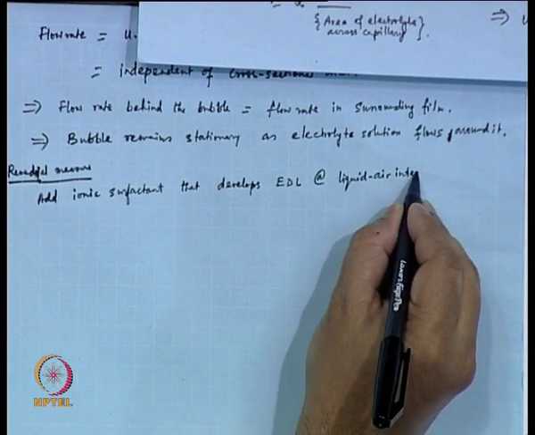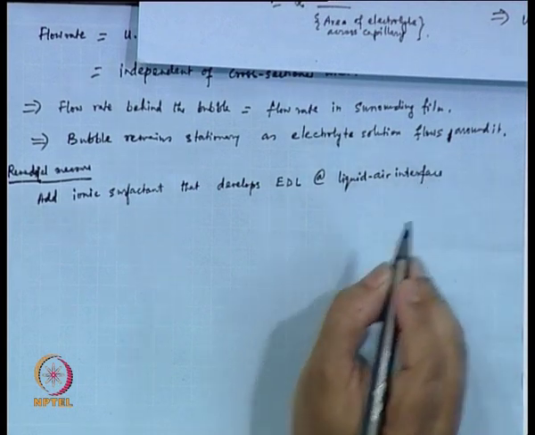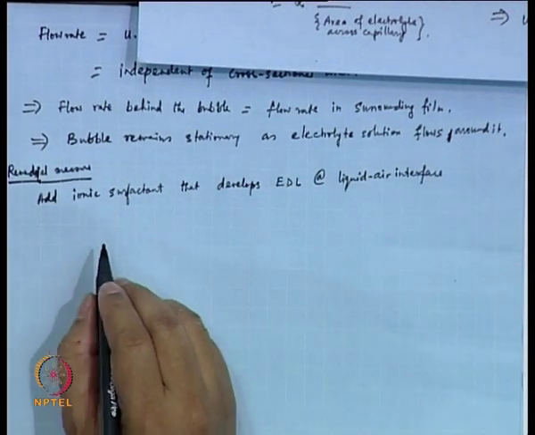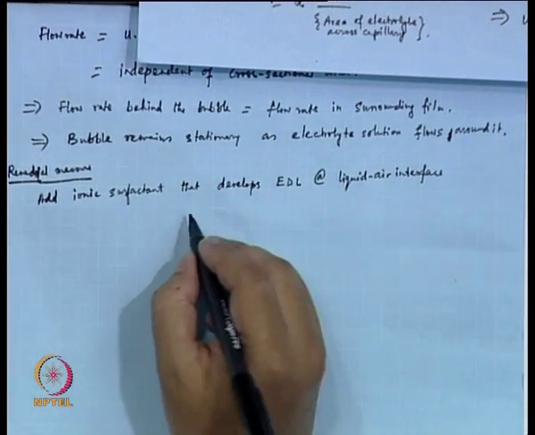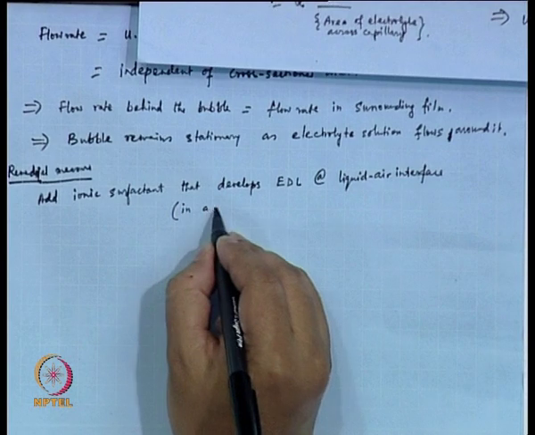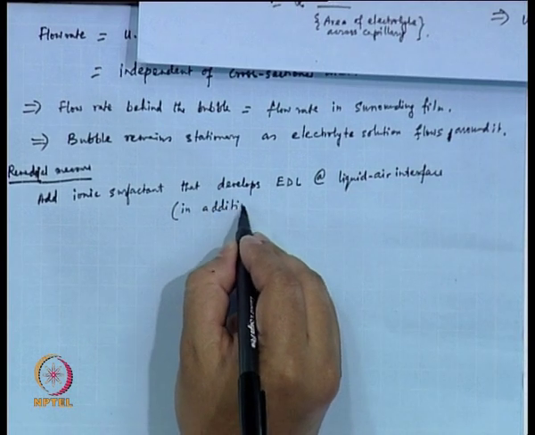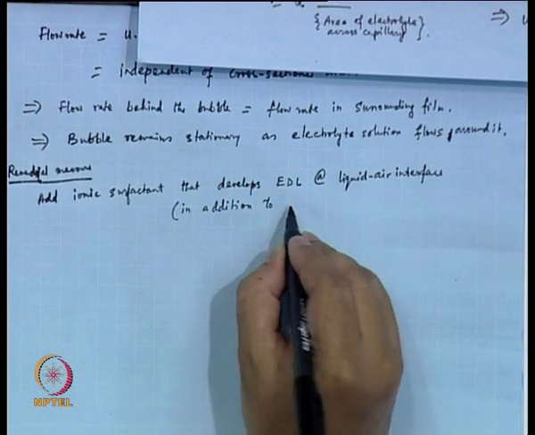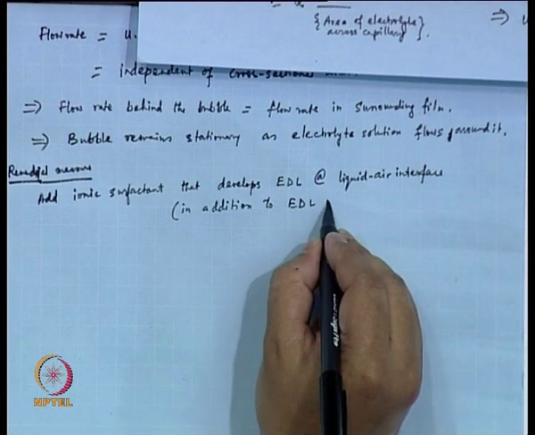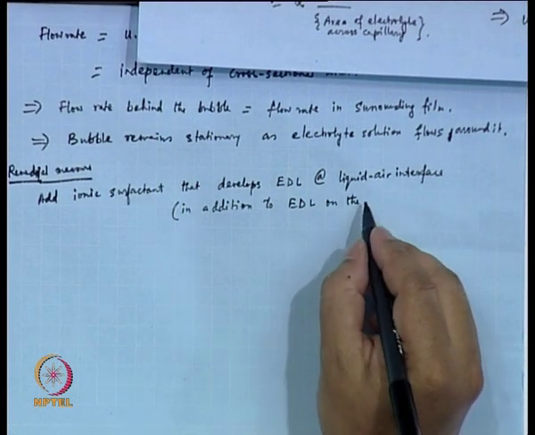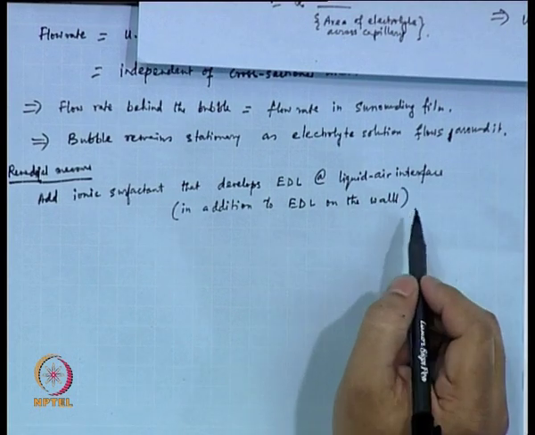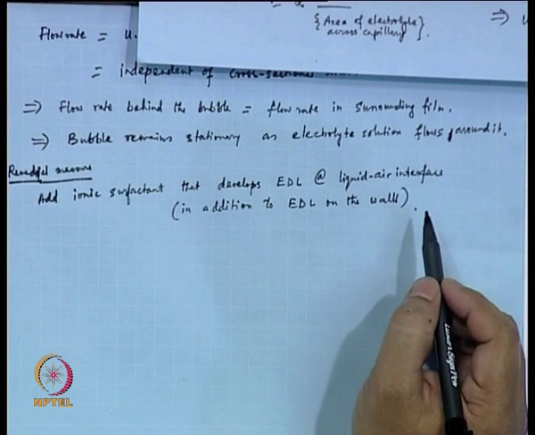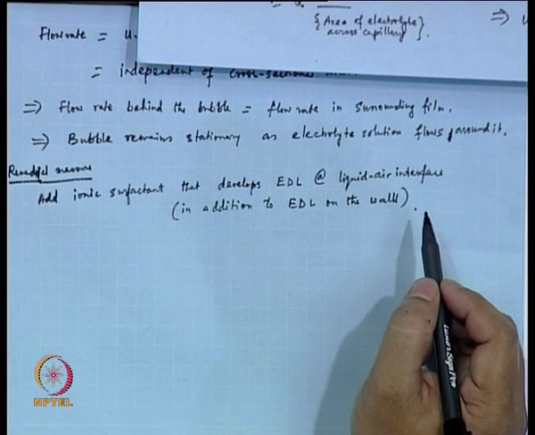If it is a bubble, this is in addition to the electric double layer on the wall, because to implement electroosmotic flow, you have to have an electric double layer at the wall, and that is how you are dragging.